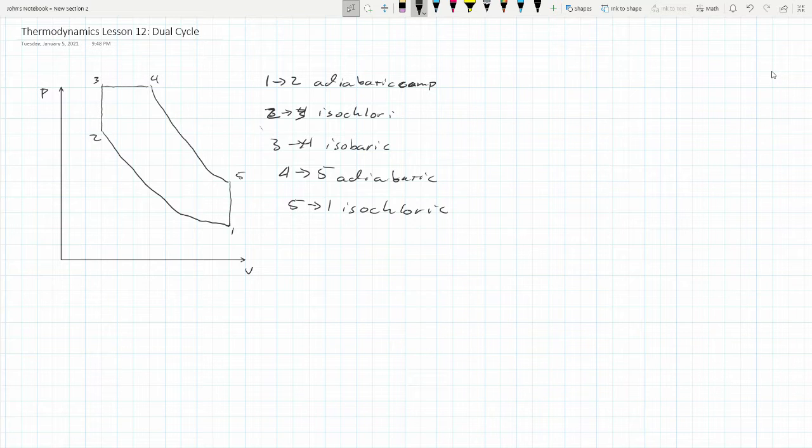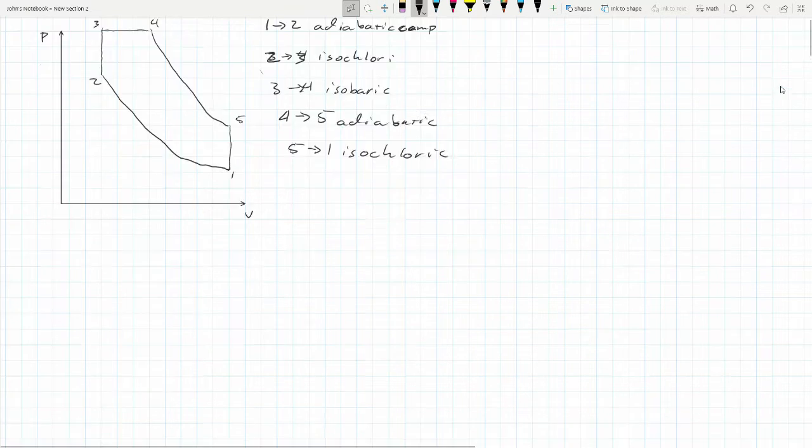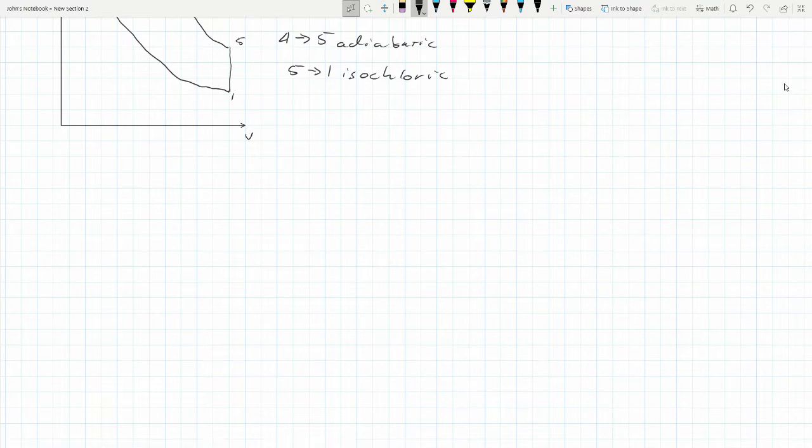Since this is a combination of an Otto and diesel cycle, you are also going to have a compression ratio.